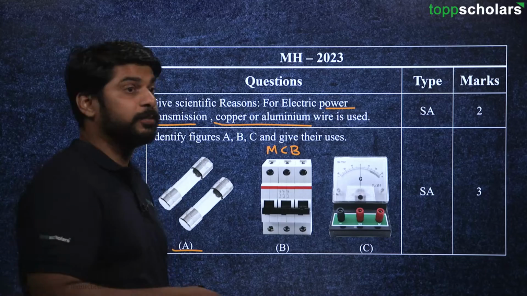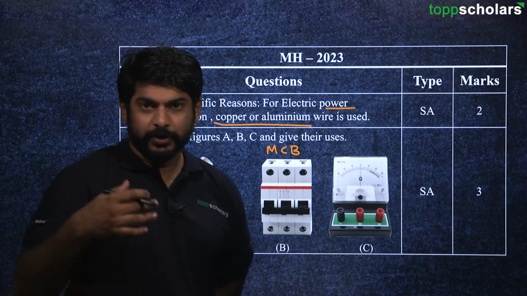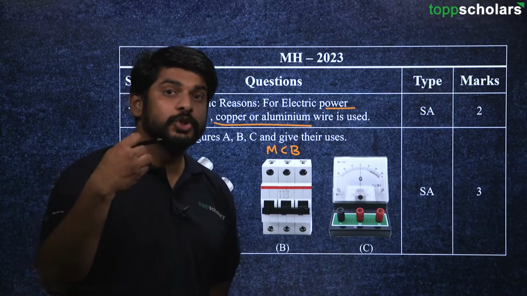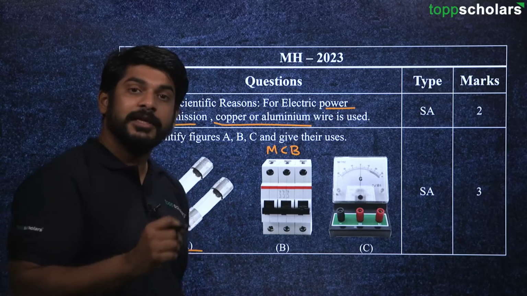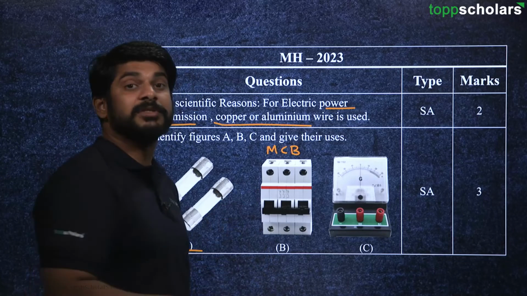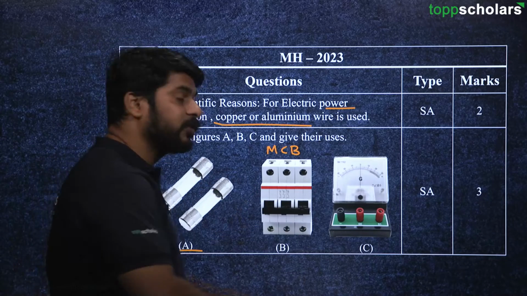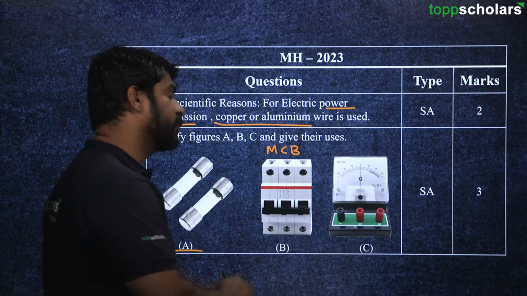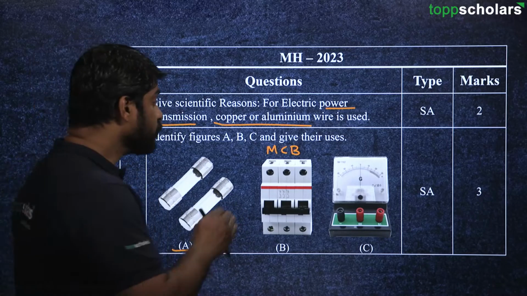And not only that, if a person somehow gets an electric shock, that means there is a short circuit, then this MCB will trip. That means it will switch off and therefore there will be no current and that particular person will be saved from that electric shock.